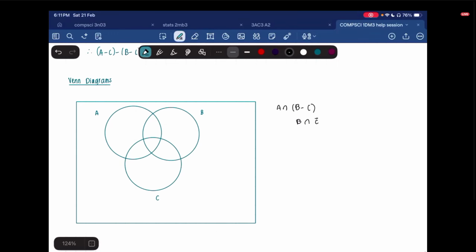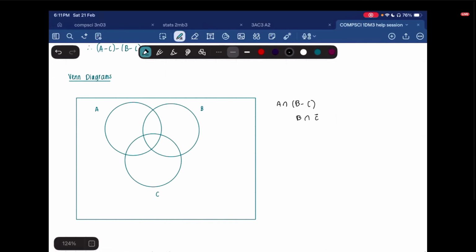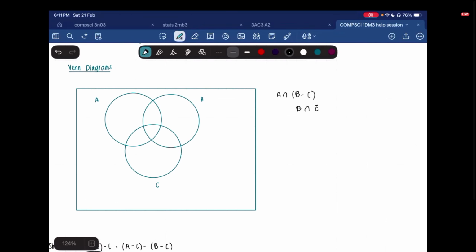Everything is in B that is not in C. And then the intersection of A with that. So everything in B that is not in C is, sorry, it's this part, and then it's this part.